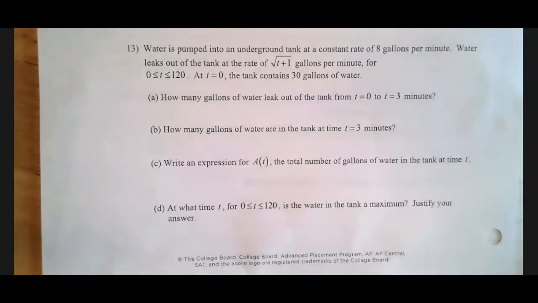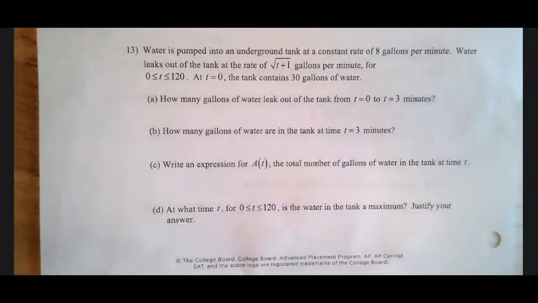So then it says from 0 to 120 minutes, 2 hours. At time t equals 0, the tank contains 30 gallons of water. That is an initial condition. So again, fundamental theorem of calculus, you are given an initial condition.